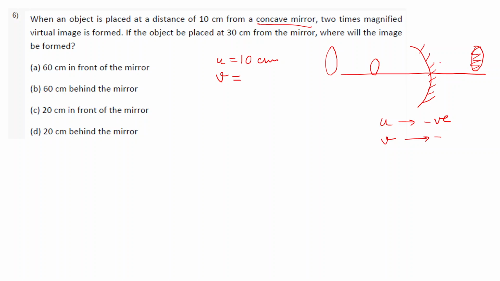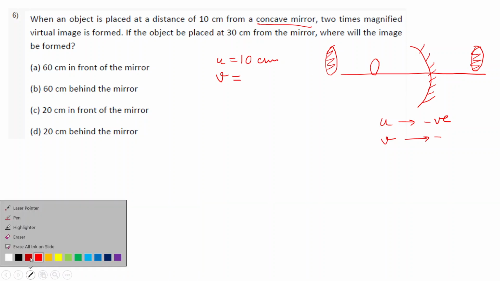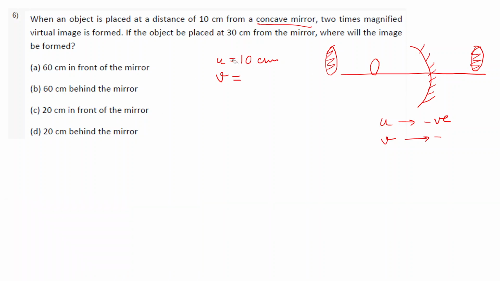For a lens it's like this, for a mirror it's on the same side. I'm sorry, we are talking about a concave mirror, let me correct that, because of sign convention sometimes we get confused.